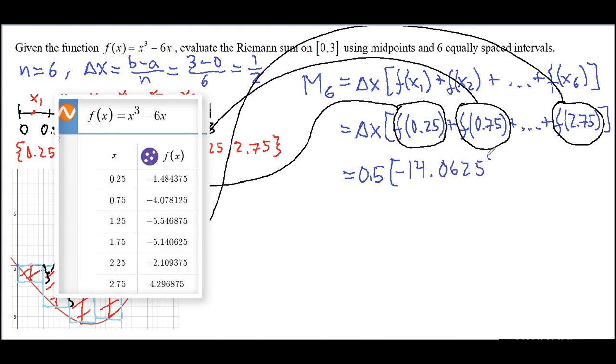And multiplying this value with 0.5 means halving it, and so I get negative 7.03125. This now is the Riemann sum using midpoints and 6 equally spaced intervals of the given function over the closed interval from 0 to 3.